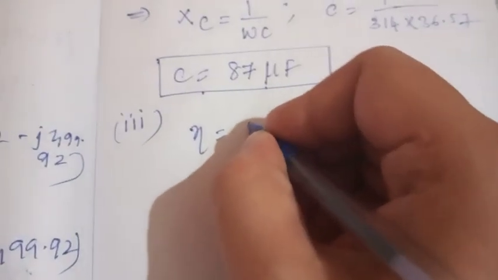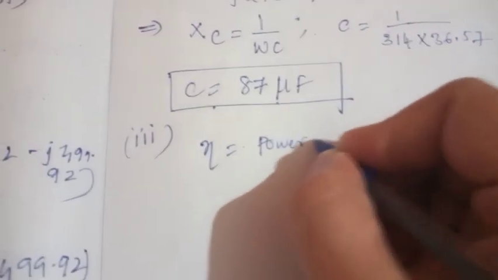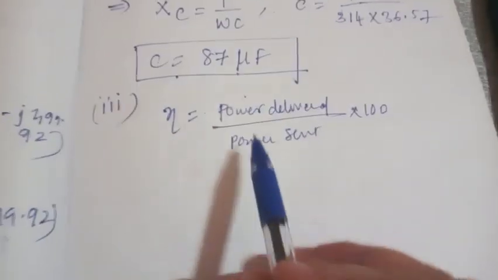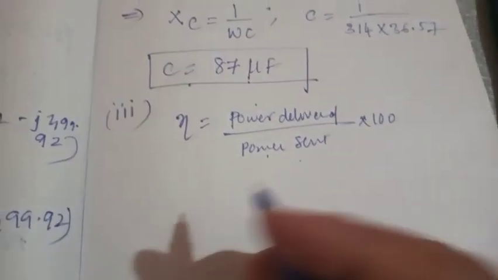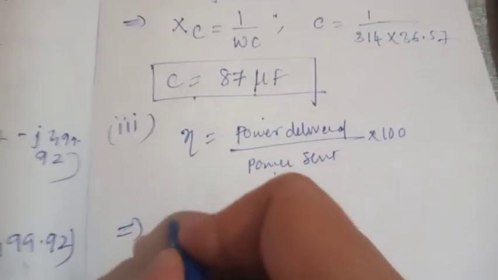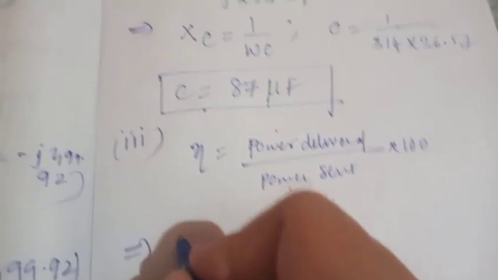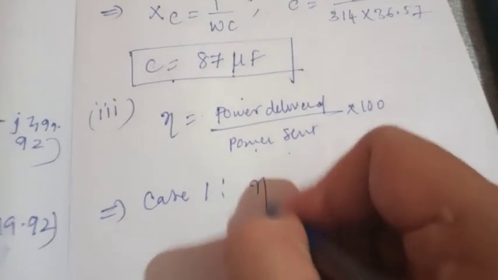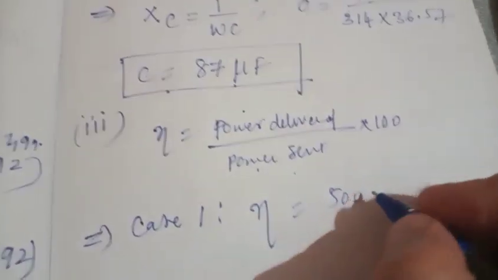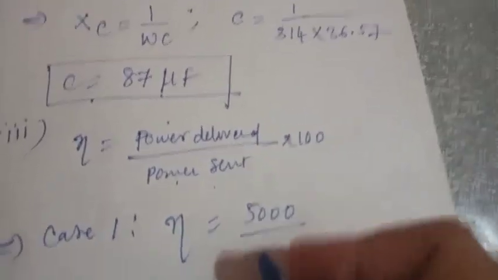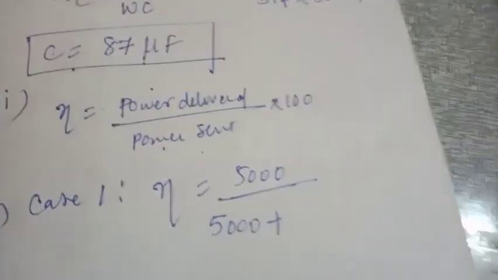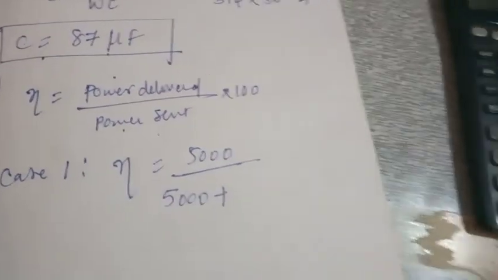Power delivered divided by power sent, into 100. In case 1, the power delivered will be 5000 kilowatt.